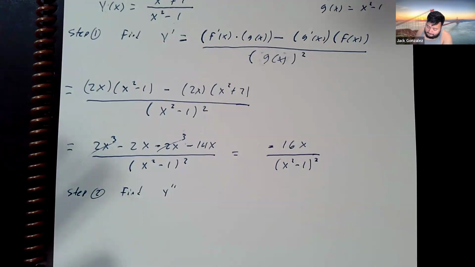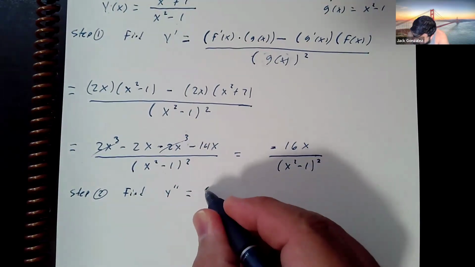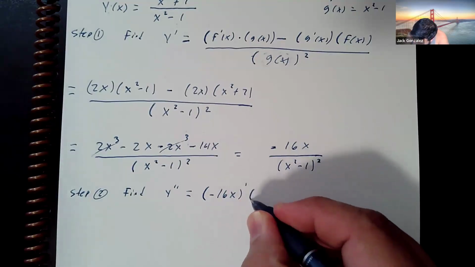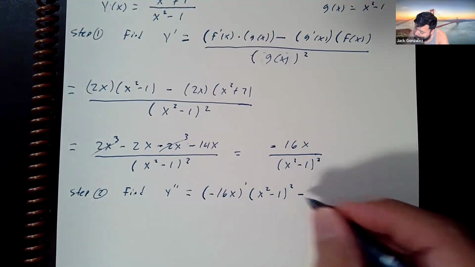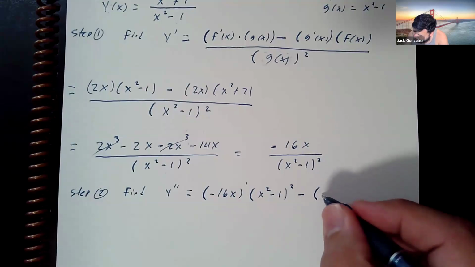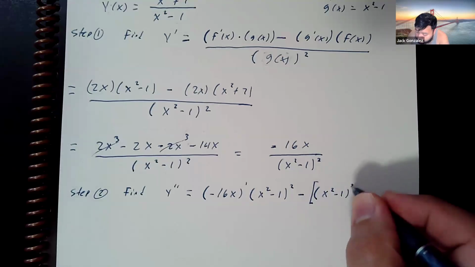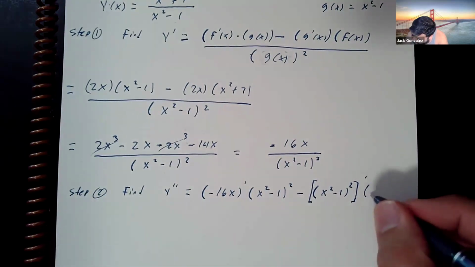Find y double prime. That's going to be derivative of the top, f prime, times the bottom, minus derivative of the bottom times the top.